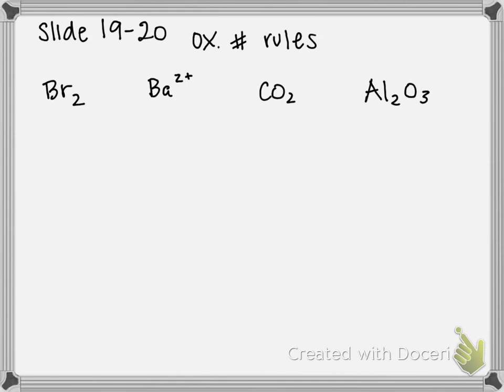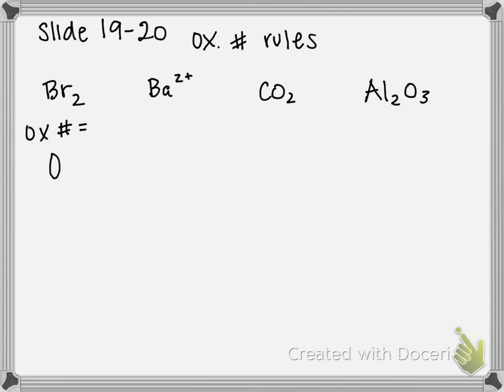According to rule 2 on our previous slide, bromine as an element, because it's diatomic, has 2 bromine atoms paired together, but it's an element in its natural state. Therefore, its oxidation number is 0.